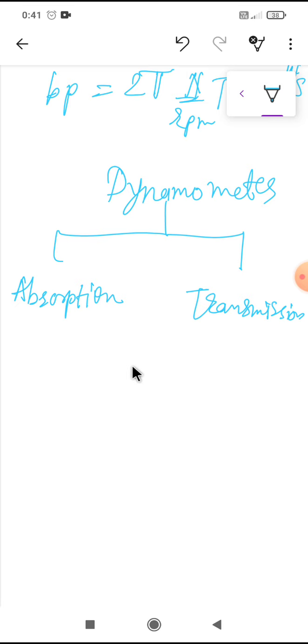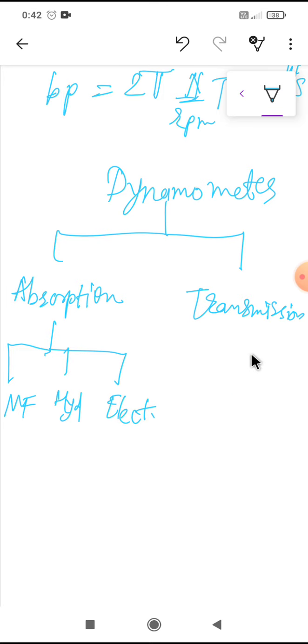In the absorption type dynamometer, there are three types: mechanical friction type, hydraulic, and electric. And in the transmission type, there are three: belt, epicyclic gear train, and torsion.